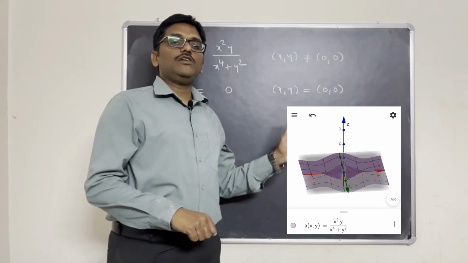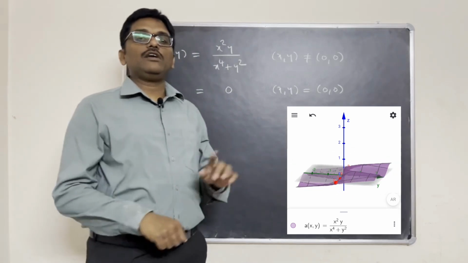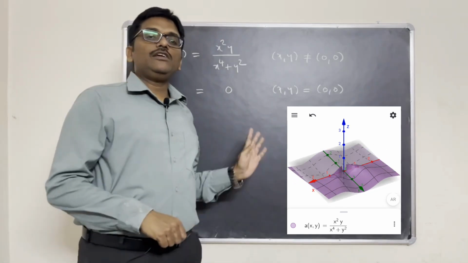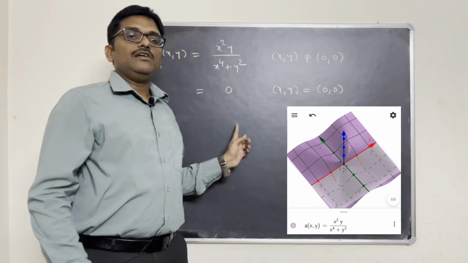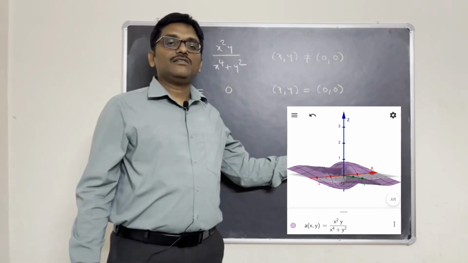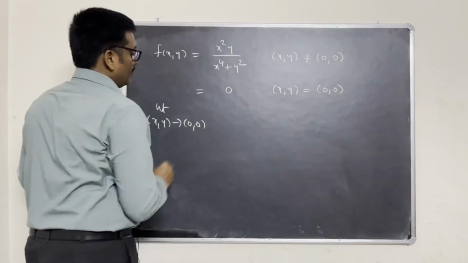Similarly, x equal to my, x equal to my square and so on, x equal to my power n. If we obtain a different limit value, we can stop the procedure and we can say limit does not exist. Means the function is having jump discontinuity.